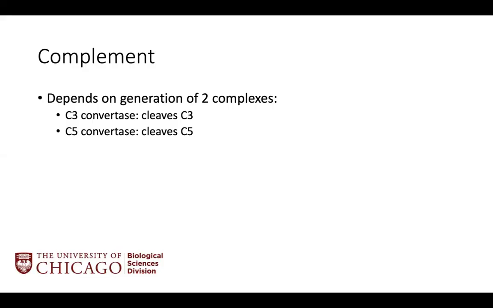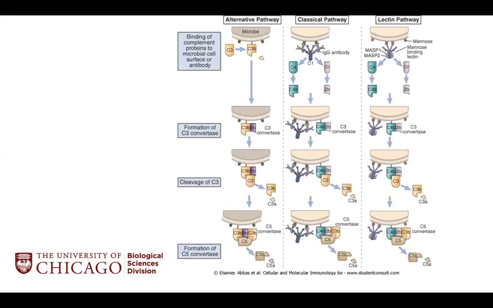Once you have accomplished that, then you can make a C5 convertase with that cleaved C3, and that C5 convertase will cleave C5. So no matter how you start, it is important to know the differences in how it starts, but it is all going to come through a C3 convertase and a C5 convertase, which can be slightly different depending on how it starts.